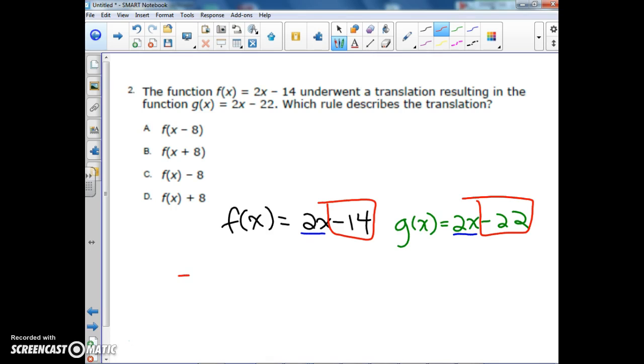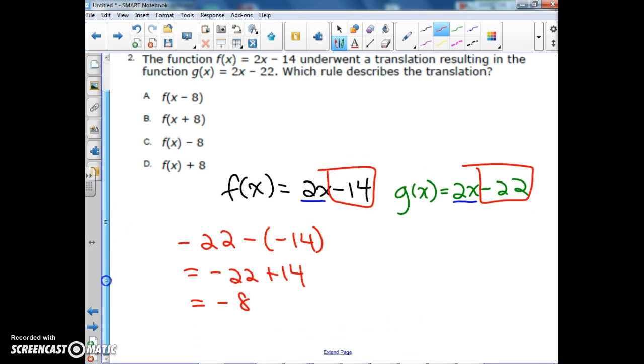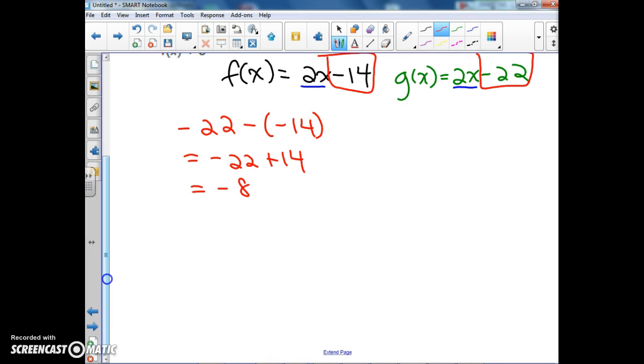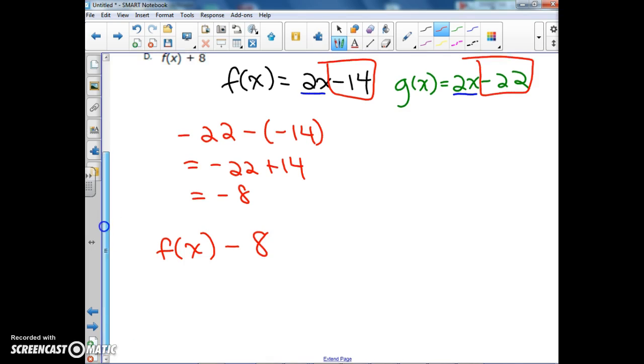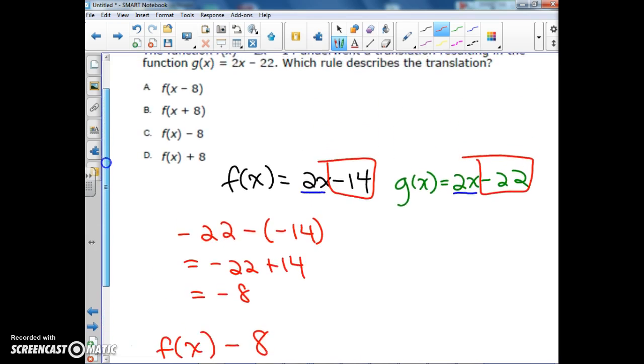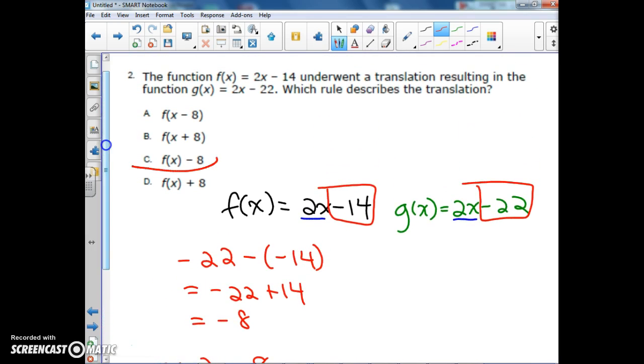Negative 22 minus a negative 14 gives me negative 22 plus 14, which is negative 8. So the rule is f of x minus 8. Which answer choice matches? It is C.